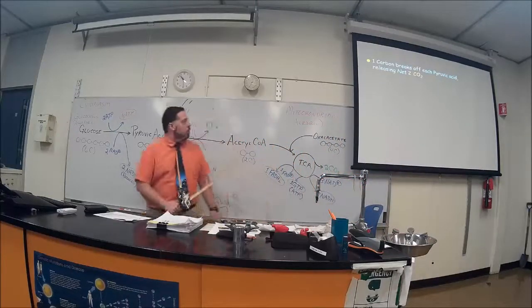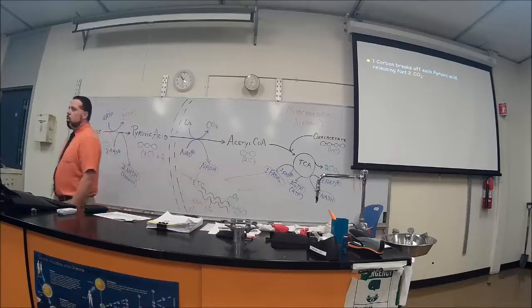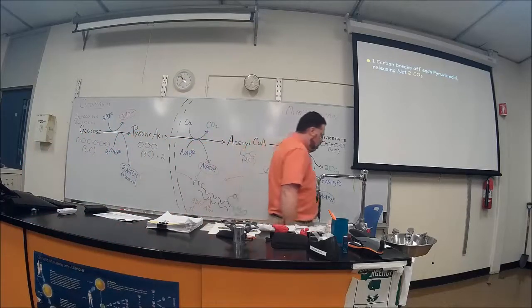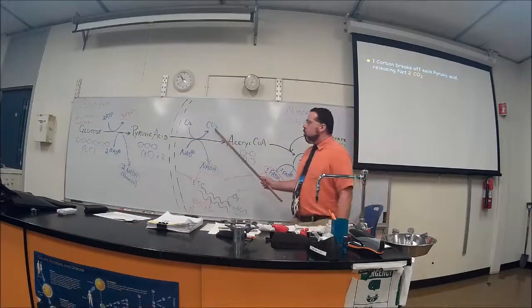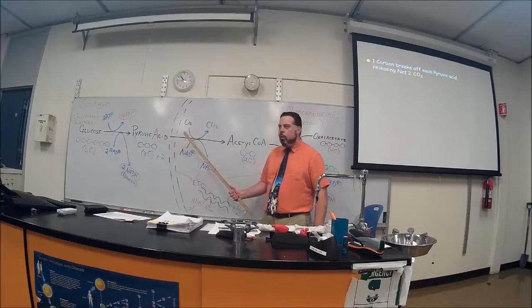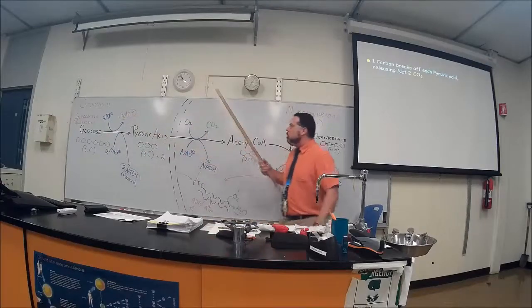When this happens, carbon dioxide comes off. Why 2? I'm only showing one here, because like I said, I'm only talking about one pyruvic acid entering here. But with one molecule of glucose, you get 2 of these, which means you get 2 of these.